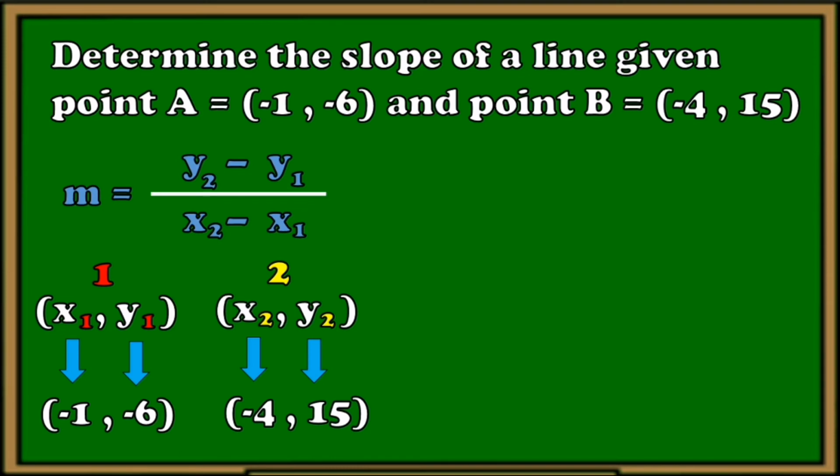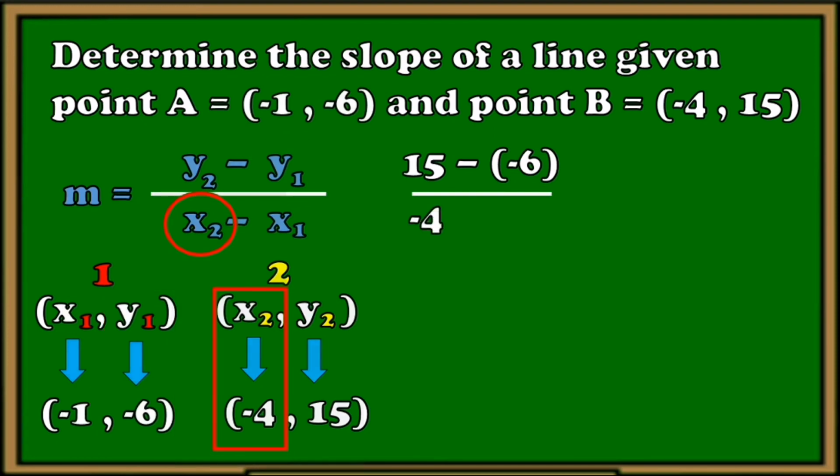Now, substitute these values to our formula. Let's start with y sub 2, that is 15, minus y sub 1, negative 6. X sub 2, that is negative 4, minus x sub 1 is negative 1.